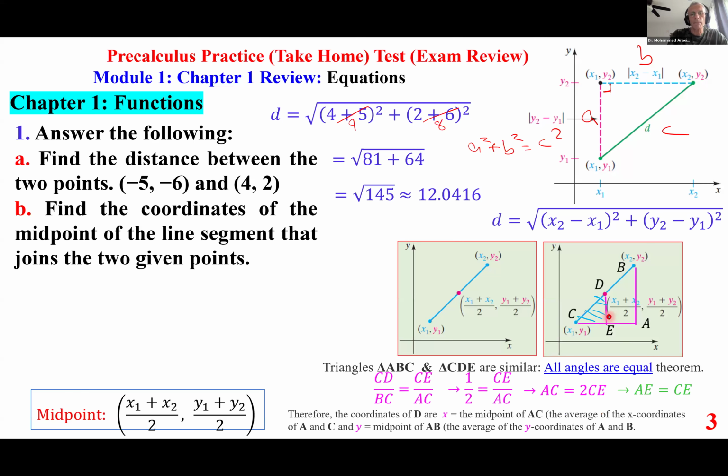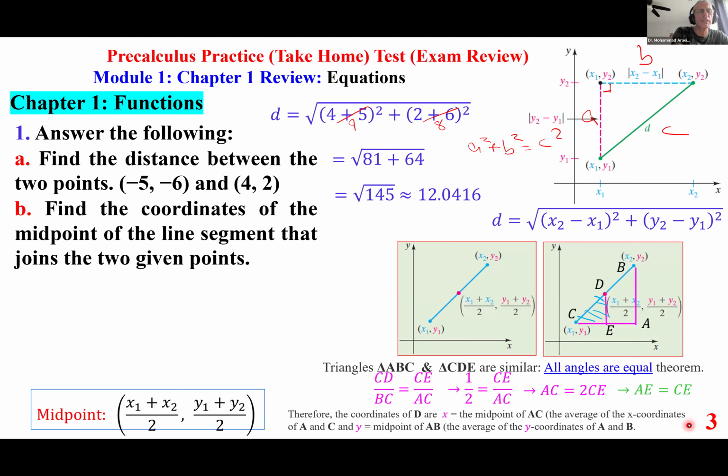Therefore, the coordinates of D, the midpoint: x equals the midpoint of AC, the average of the x coordinates of A and C, and y, the midpoint of AB, the average of the y coordinates of A and B. And so that's the formula.